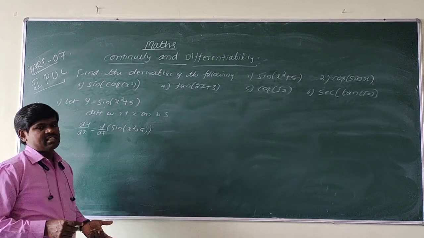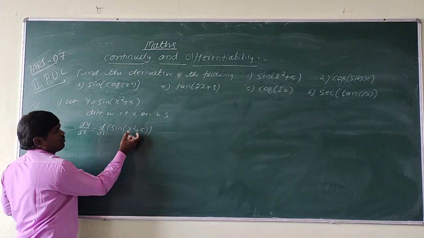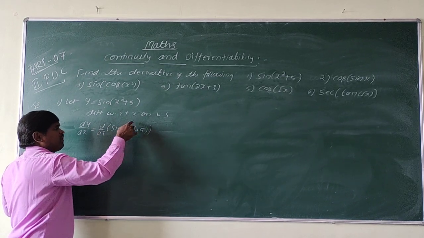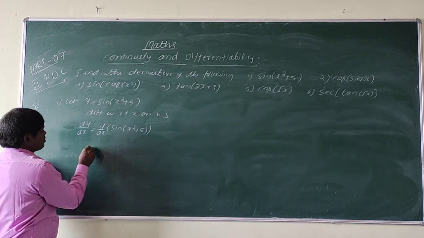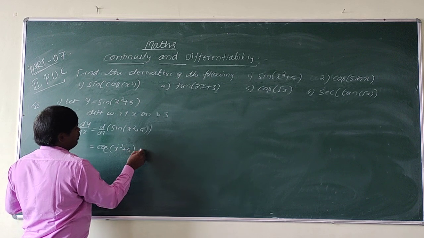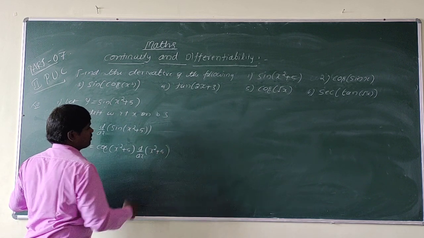So what is the differentiation of sin x? The differentiation of sin x is cos x. So the differentiation of sin of x square plus 5 is cos of x square plus 5. Then we are going to differentiate the internal term, that is x square plus 5. Is it clear?